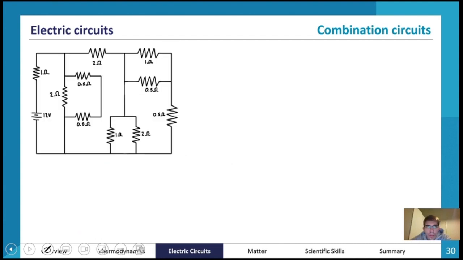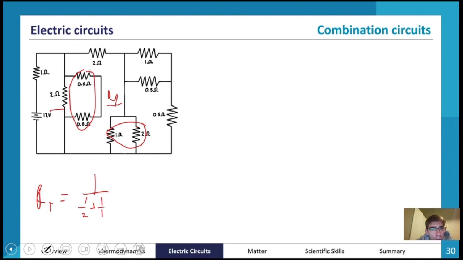How about this circuit? This circuit is actually a little bit more complicated but simple at the same time. With this circuit, the main purpose is to do this parallel. These ones are in series together. You add them up to form 1 ohm. The 1 ohm and the 2 ohm there are in parallel, so you solve that by saying 1 on 1 on 2 plus 1 on 1.